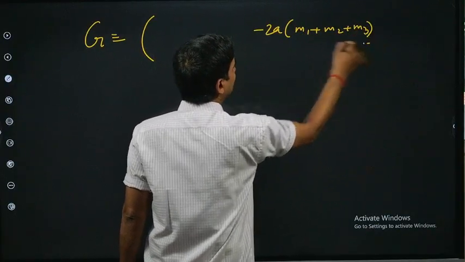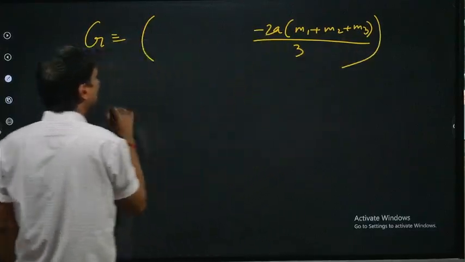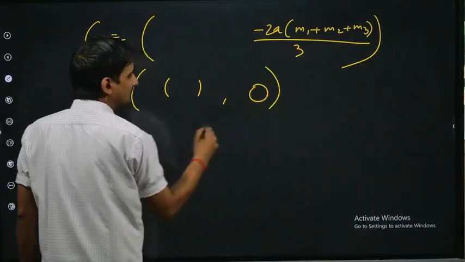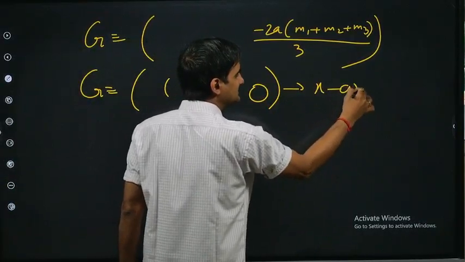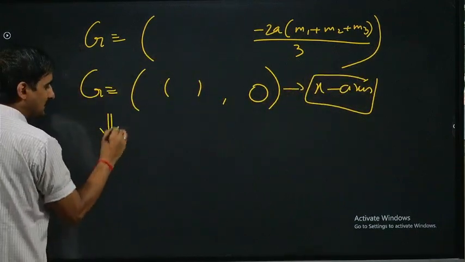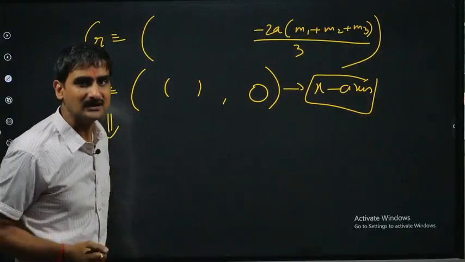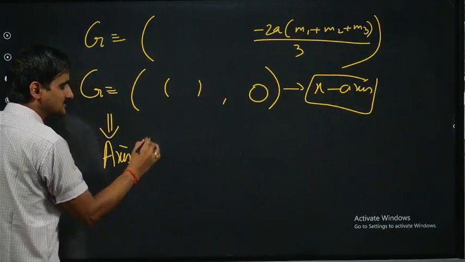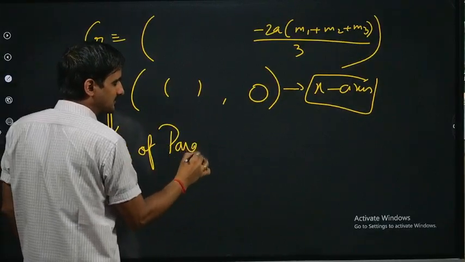Now since we know the sum of all the slopes is 0, that means the centroid always lies on the x-axis. So that's not important, x-axis. The result is important, and x-axis actually is the axis of the parabola. So the centroid lies on the axis of the parabola, and that's it.